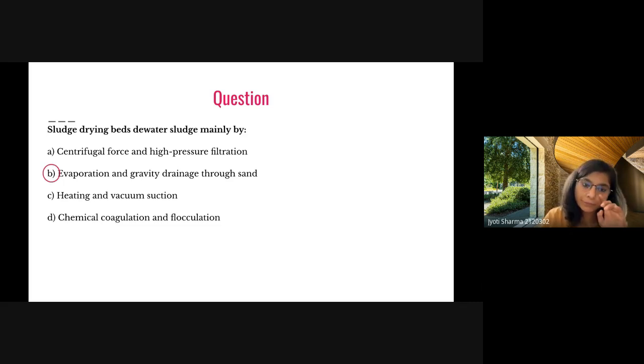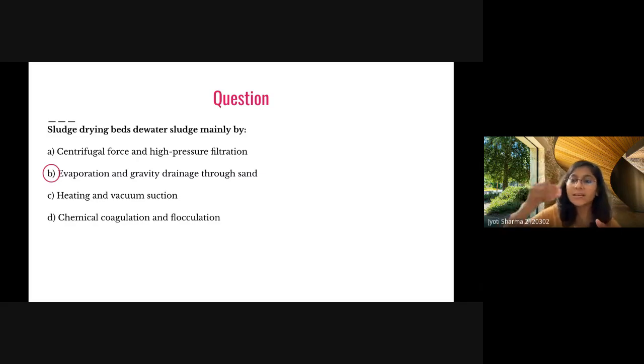So yes, this is something we are using here, drying beds. We have a larger area, and that larger area has sand, and on that sand we lay down the sludge, whatever sludge we have.